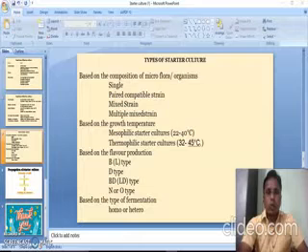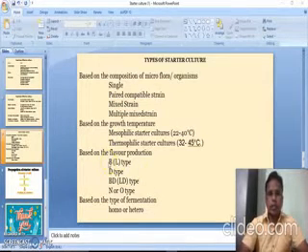Based on flavor production, the next classification, these microorganisms are classified into B type, D type, BD type, and N type. This classification is generally based on whether the microorganism produces flavor or not. In B type, the example is Leuconostoc, and they produce the flavor.